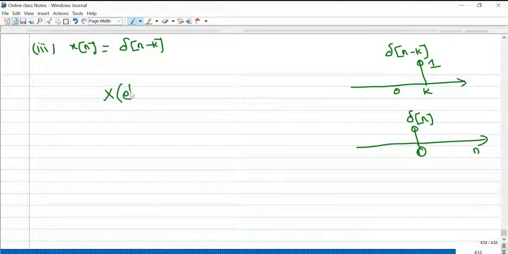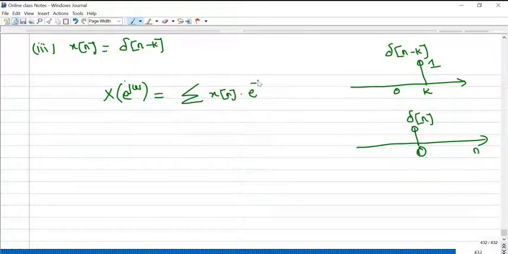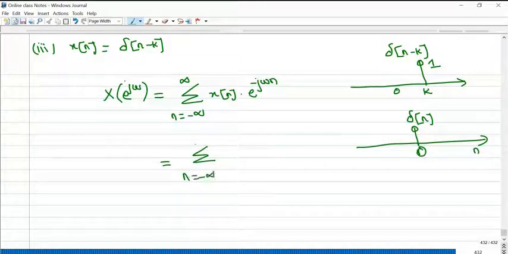DTFT of the signal: X(e^(jω)) equals the summation of x[n] e^(-jωn), where n varies from minus infinity to infinity. So in this example, from minus infinite to infinite, there is no information except at n equal to k. At n equal to k only there is magnitude.